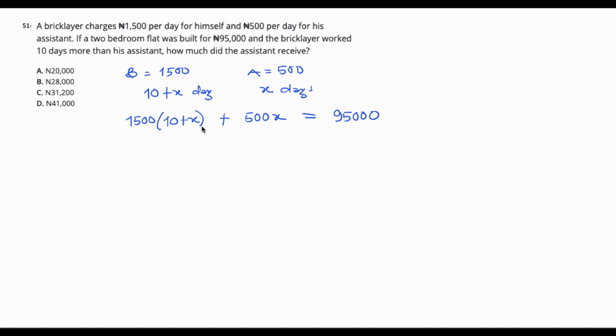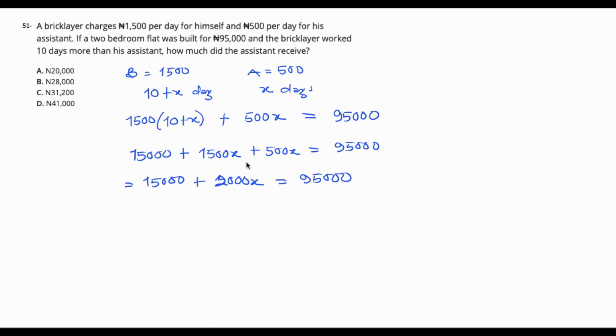So in this case, we expand our brackets here. We have 1,500 multiplied by 10, that's 15,000, plus 1,500 multiplied by X is 1,500X, plus 500X equals 95,000. So now this is equal to 15,000 plus 1,500 plus 500X is 2,000X equals 95,000.